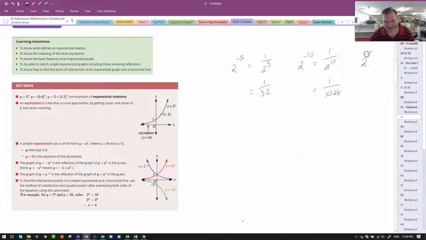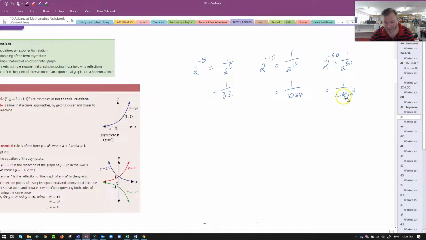What about 2 to the negative 50? 1 over 2 to the power of 50. That's equal to 1 over approximately 1.0 times 10 to the 15. Let's go to one significant figure there: 1 over 1 times 10 to the 15.